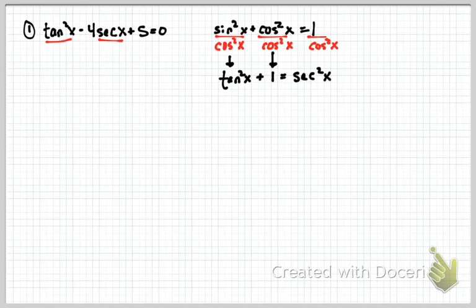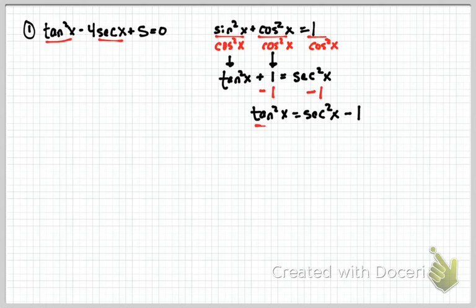Perfect. And this is another Pythagorean identity, just in a different form. We need to get tangent squared of x alone, so we subtract 1. Tangent squared x equals secant squared x minus 1.